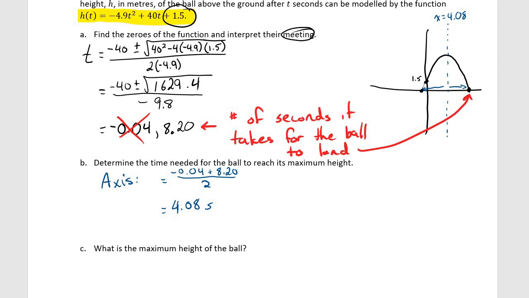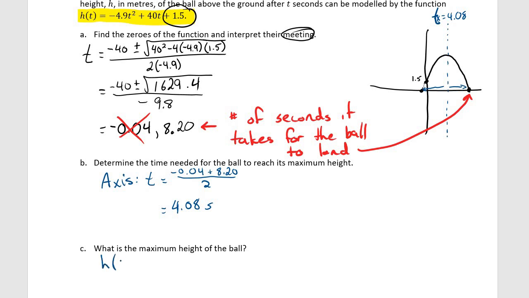Technically, that's a t, and that's a t, and this is a t for our graph as well. So for the maximum height, I want to calculate h when t is 4.08.